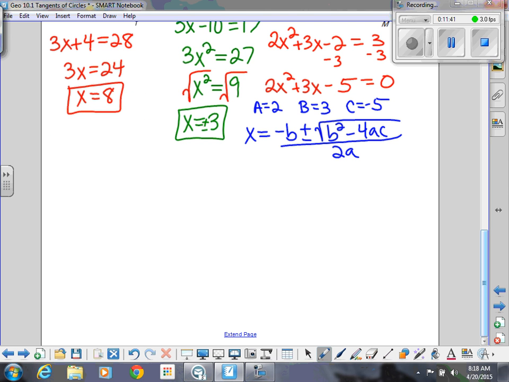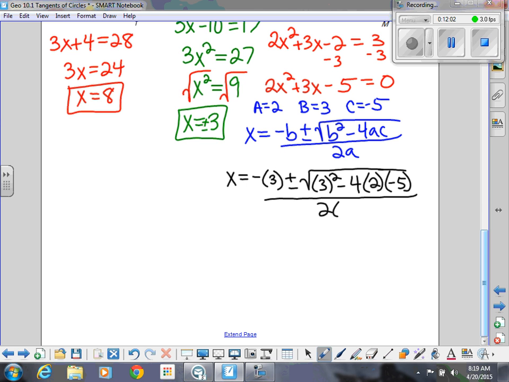I'm going to have x equals negative, my b is 3, plus or minus the square root of b squared, so I'm plugging in 3 squared, minus 4 times a, which is 2, times c, which is negative 5, all over 2 times 2.